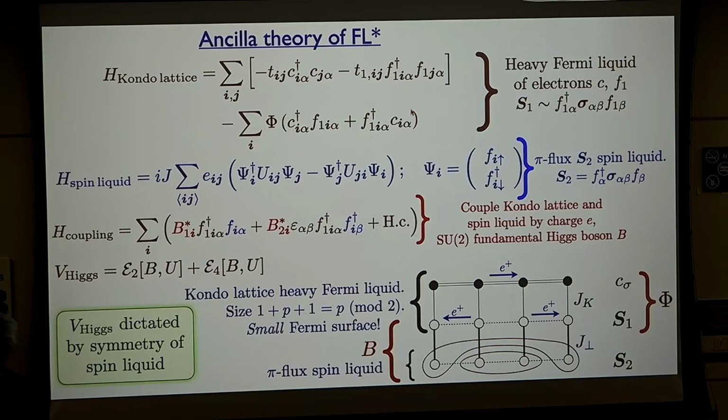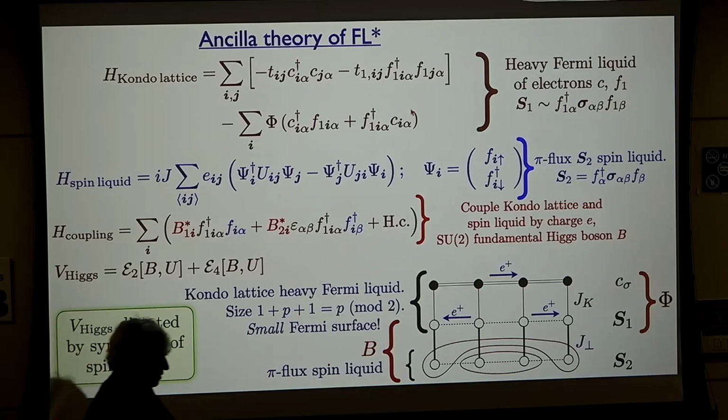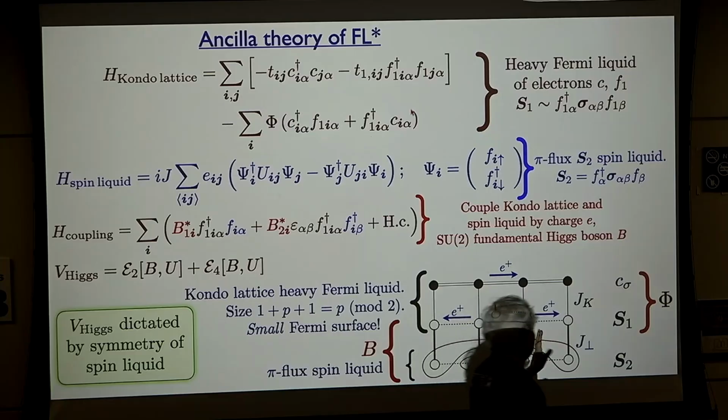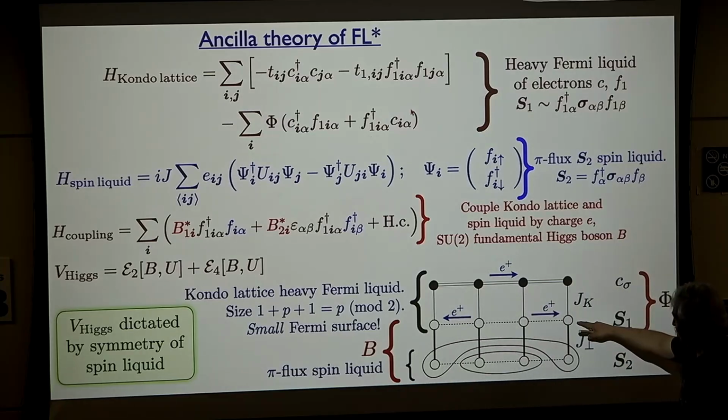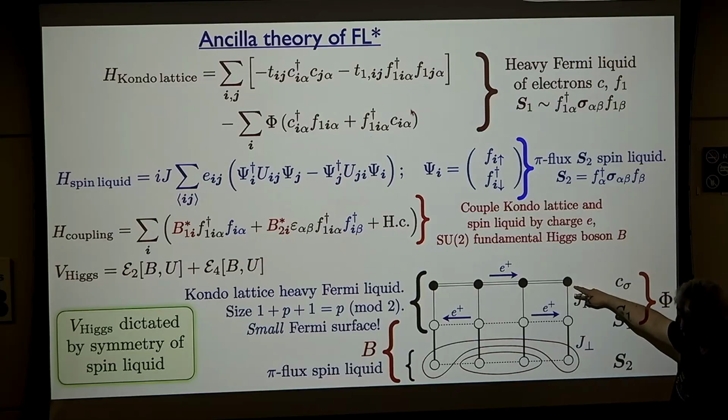Following the two-channel Kondo question, if I have a very small Kondo coupling between C and S2, is it stable against the small perturbation? Let me answer it. If you think in terms of Kondo physics, S1 has an antiferromagnetic coupling to the environment, to the conduction electrons.